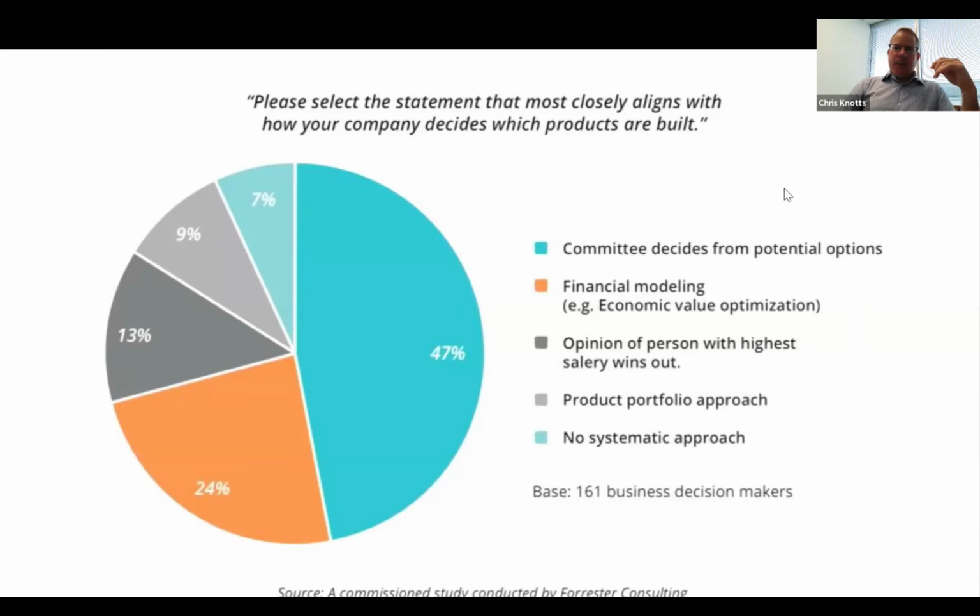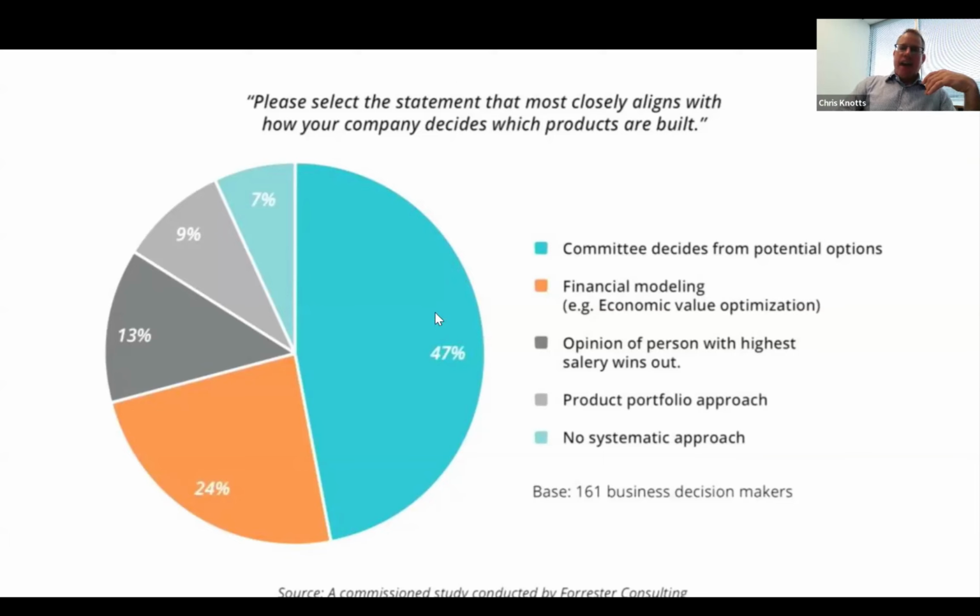They conducted this one question survey: select the statement that most closely aligns with how you decide which products are built. So there's a product discovery angle there, a prioritization angle, and an investment angle. How does your company decide which products are built? And you can see how they do this.